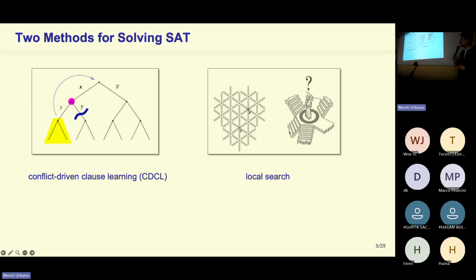And local search is incomplete because it can only be used to find a solution, but cannot be used to prove unsatisfiability. Modern SAT solvers in industry are based on CDCL. And currently, as I will introduce later, the current versions of CDCL solvers combine local search inside them. So that's the topic I would like to speak about later, the hybrid solver.